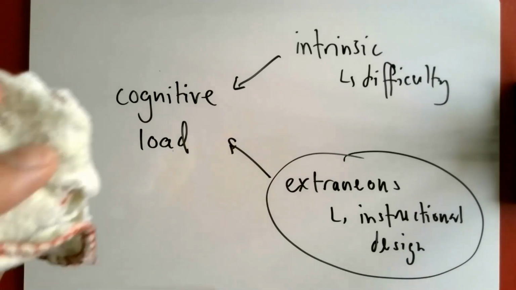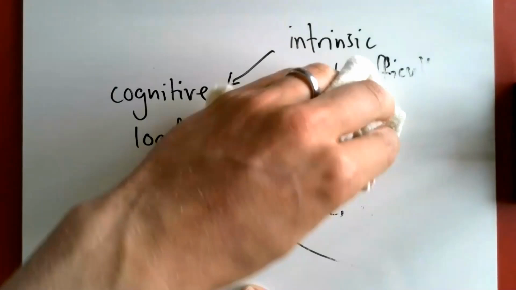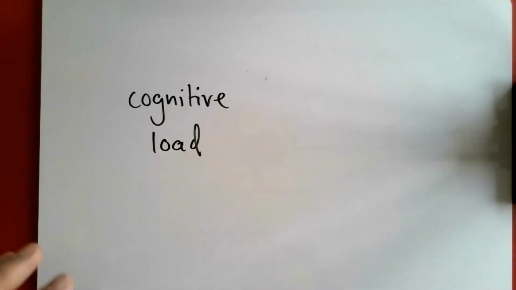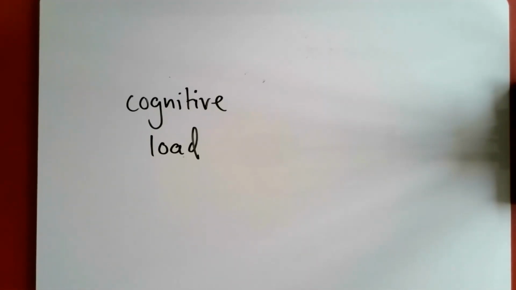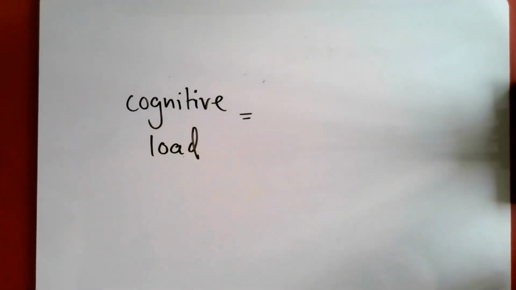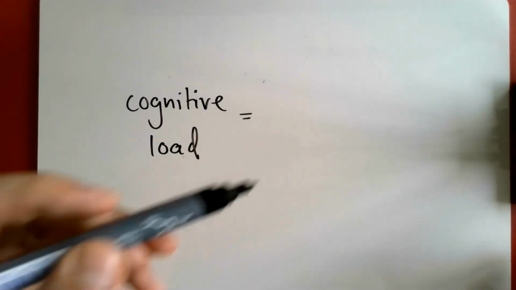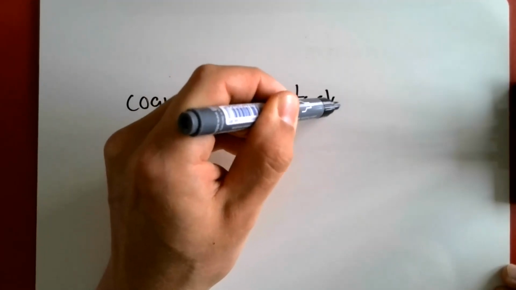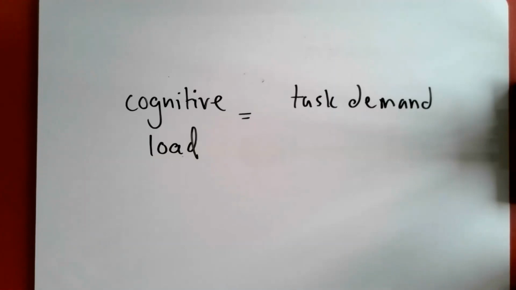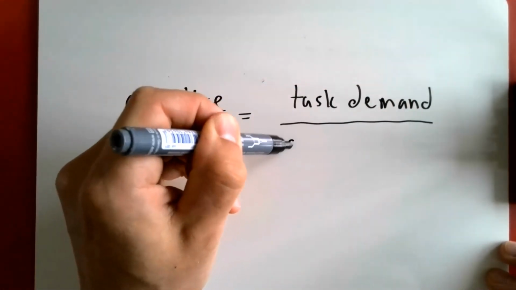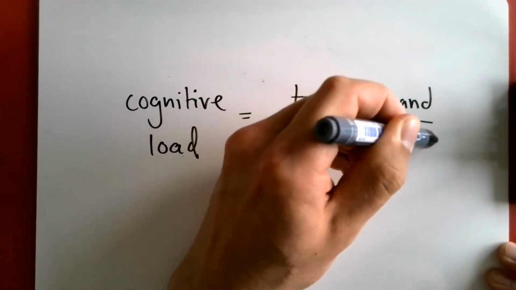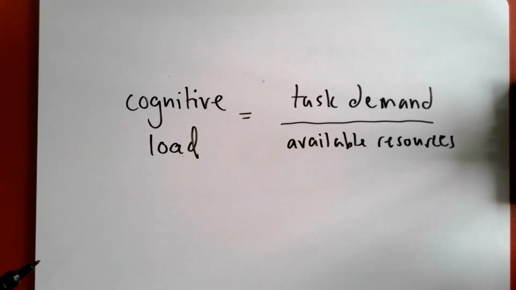And I think instead, what might be a better model to consider here, certainly from a scientist's perspective, is a model used by Frederick Reif. What he said is that cognitive load, and particularly the intrinsic load, is dependent on two variables: the demand of the task, but also the resources available to the student.